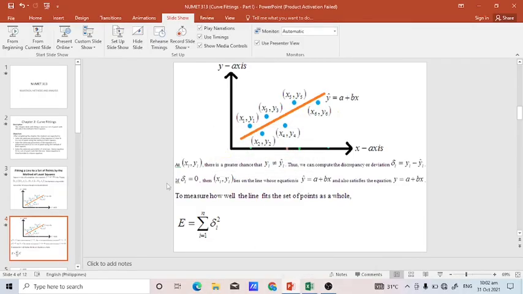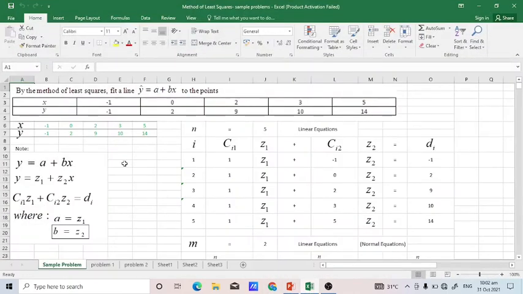So let me illustrate that. Ito yon. Ito, by the method of least squares, ito mismo yung gagawin nyo. No? Hindi ko bibigay yung file na to sa inyo dahil ito nga yung gagawin nyo na activity.